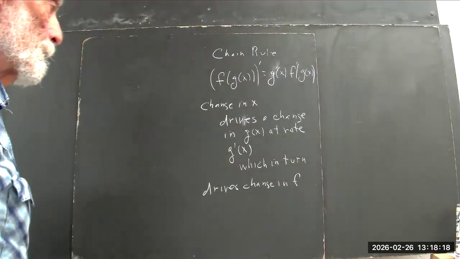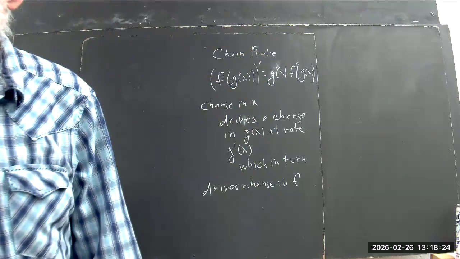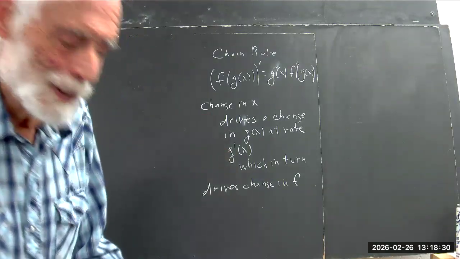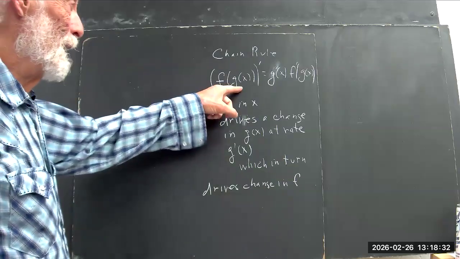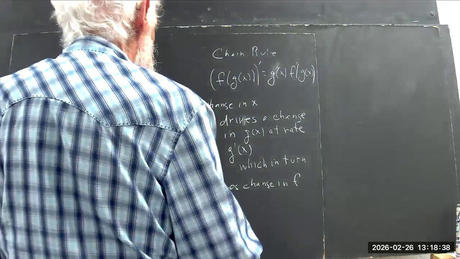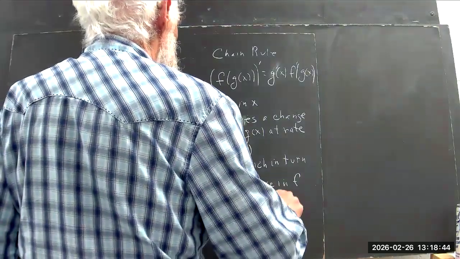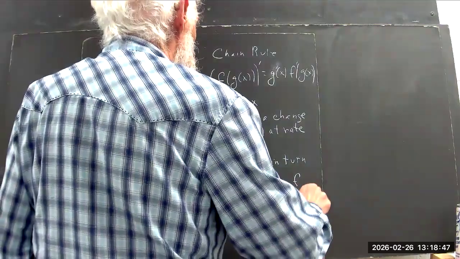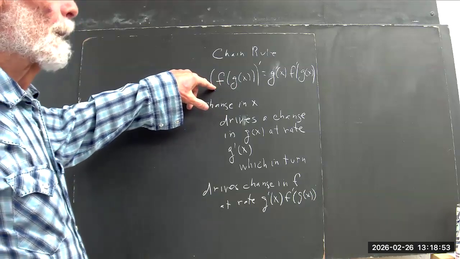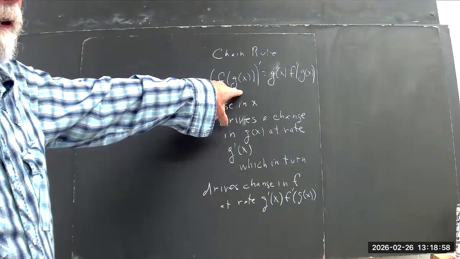Which in turn drives the change in F, because if g of x is changing at rate g prime of x, then a change in x causes a change g prime of x times the change in x in this, which is what drives then the change in F. So the value of F is determined by the value of g of x.